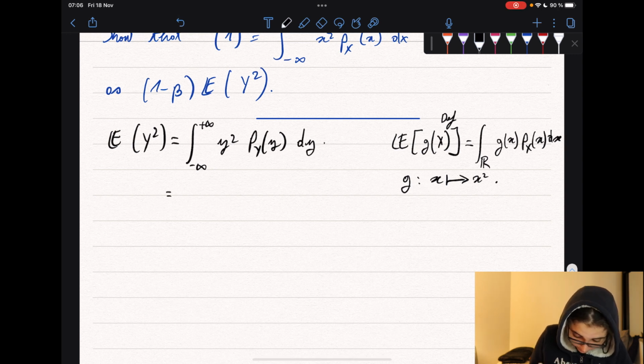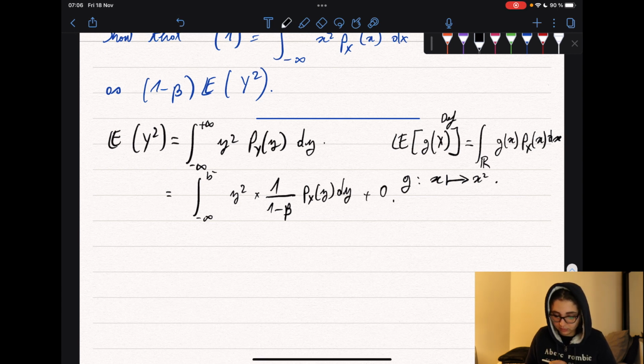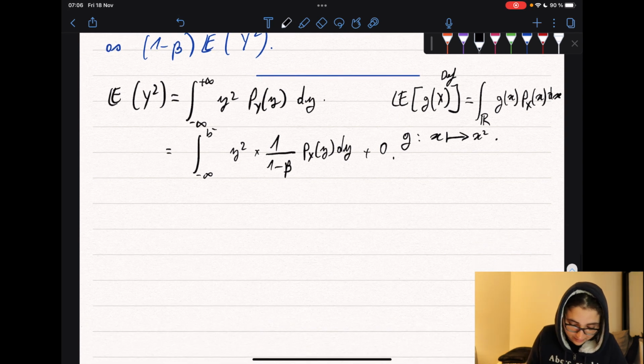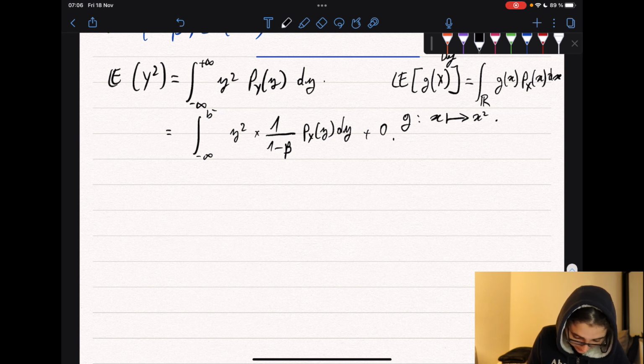And we're just going to rewrite this, and this is similar to what we've just done above. Minus the integral from minus infinity to b minus of y squared times 1 over 1 minus beta p x of y dy, and we have the zero term because for the same reasons, basically, the probability density function over that interval is equal to 0, and so we can just ignore the integral over that interval again.